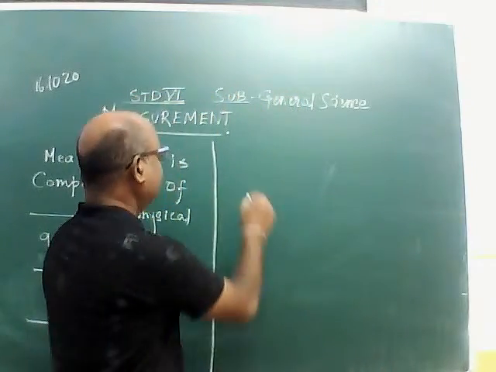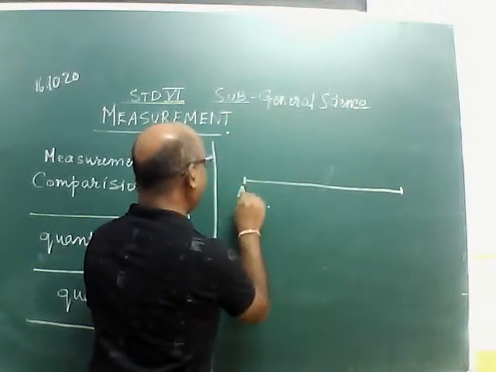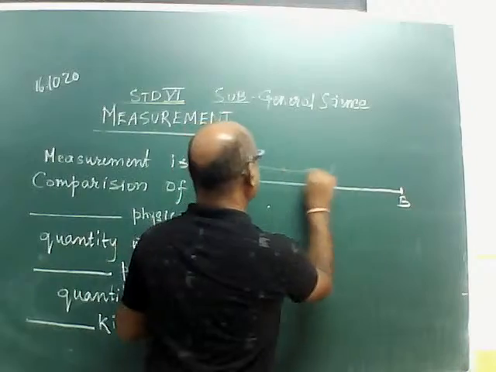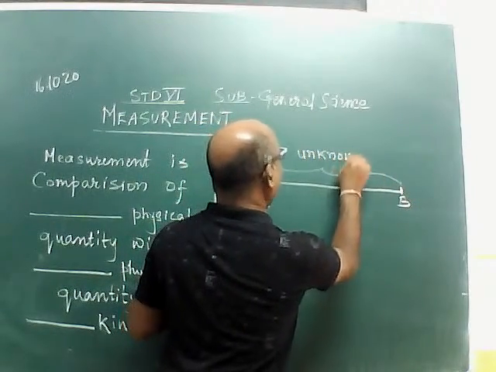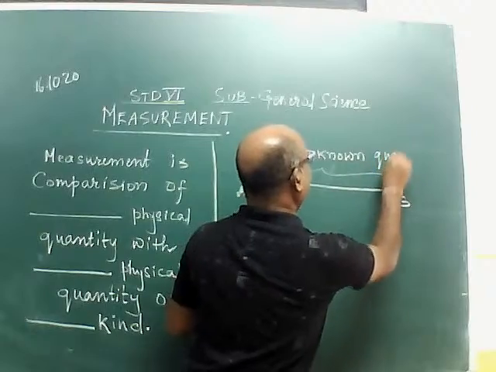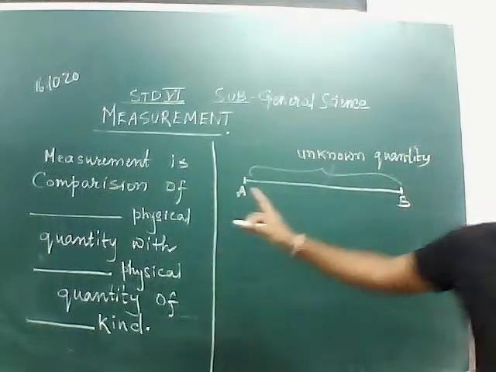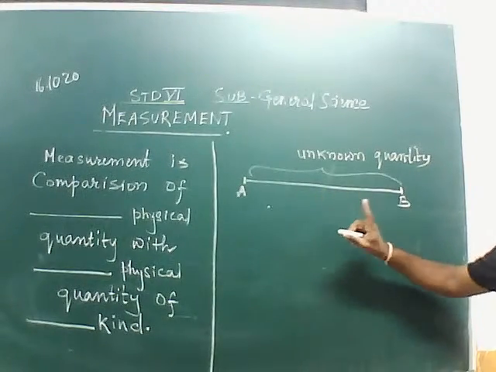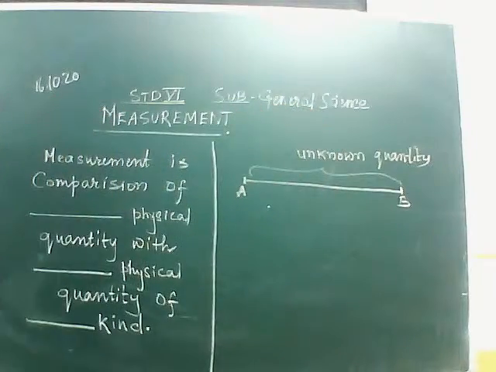For example, suppose this is the line AB of unknown quantity. We want to find the length of this line AB. So it is the unknown physical quantity. Now what have we done? We compare it with a known physical quantity.